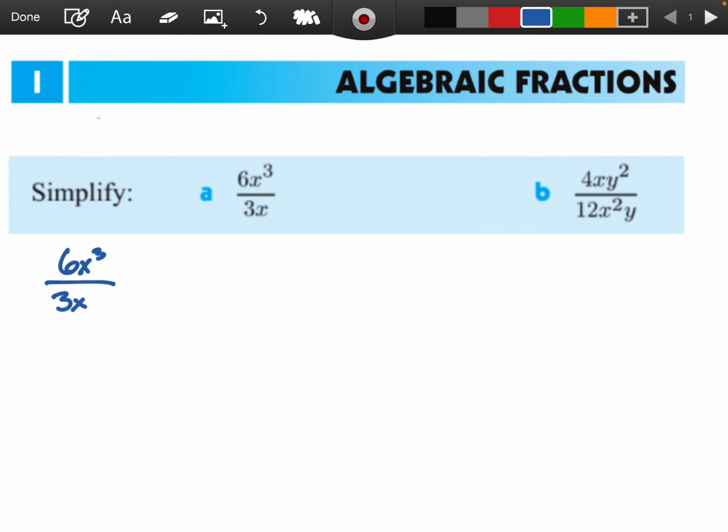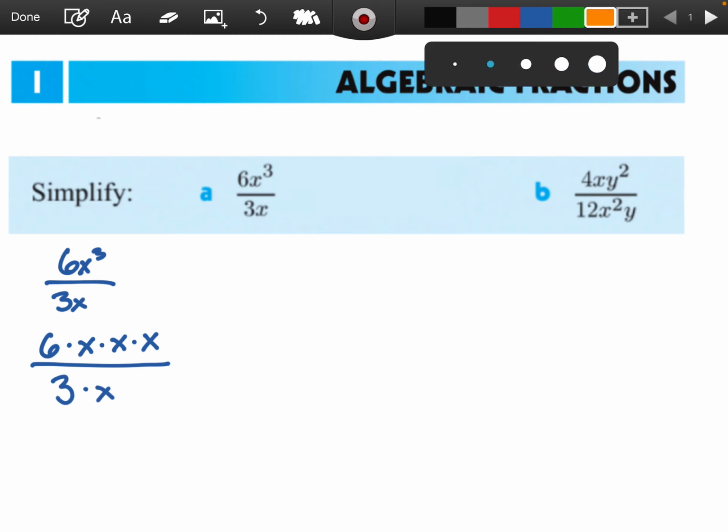Hopefully over time you won't require that middle step, but until you don't need it anymore, use it. Sometimes writing them out in expanded form can help. So I'm going to write out that this is 6 times x 3 times, and that the bottom is 3 times x.